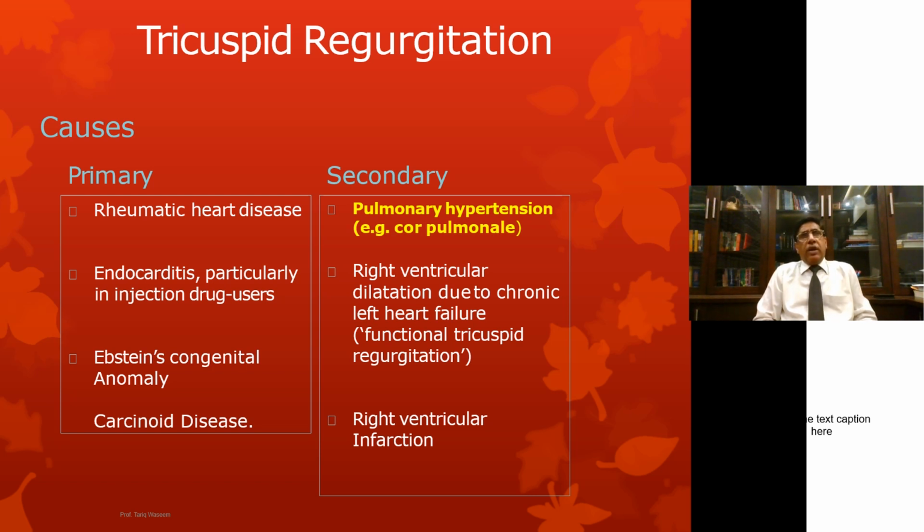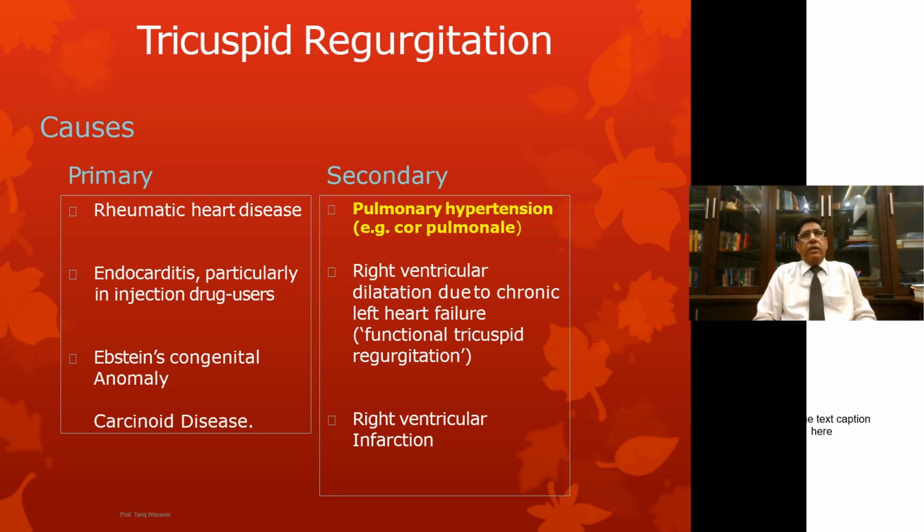Again, endocarditis is more and more seen in patients like IV drug abusers, because they inject with infected syringes, or they share syringes from a patient, or they don't cleanse their arm before injecting, so staphylococcal bacteremia takes place, and the first valve which comes in this course is the tricuspid valve, which can be involved.